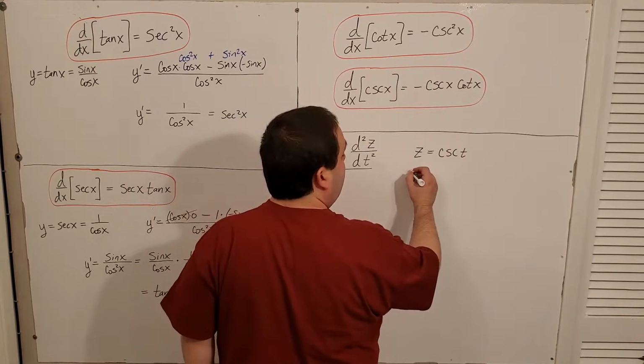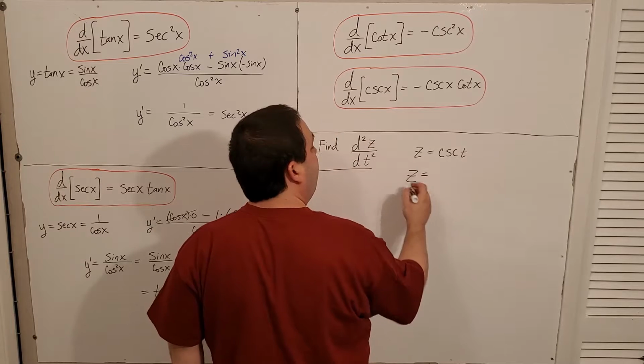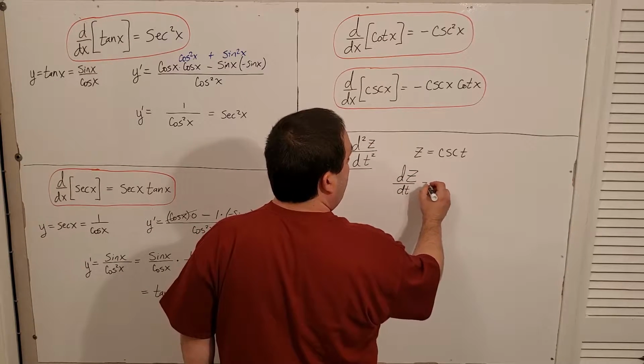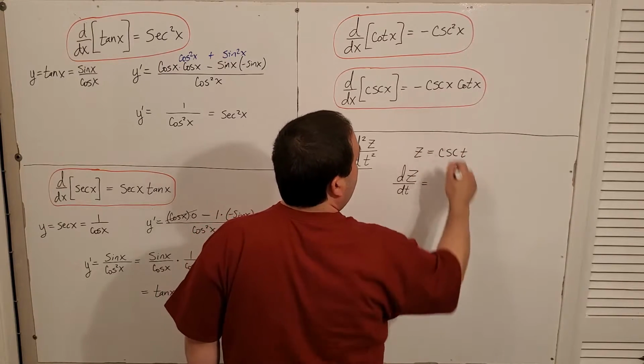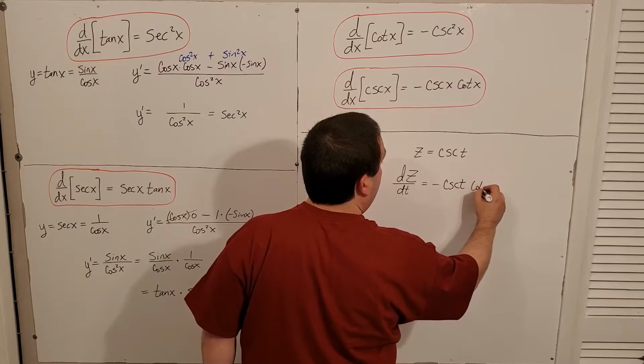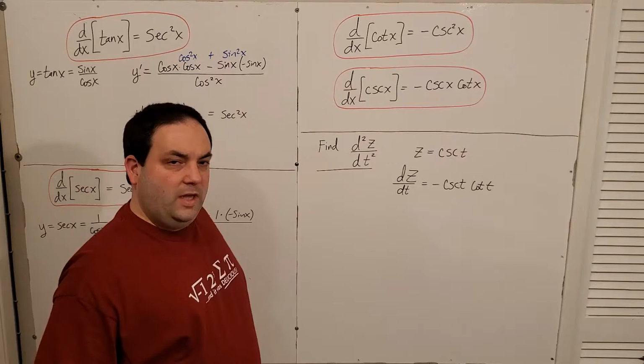Step 1 is easy. Z prime, or let's go ahead and write it the way we have it here, dz dt is equal to negative cosecant of t times cotangent of t. Right? Okay?